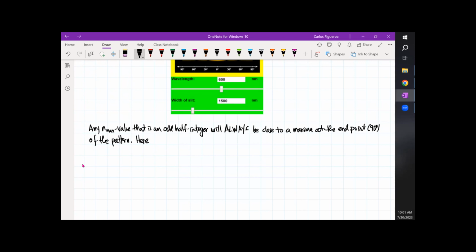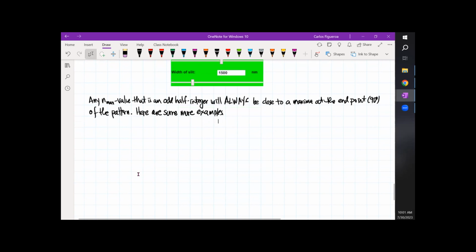Here are some more examples, just like we did with the integer here. So in this situation, let's not think about the sequence so much. Let's say that we have this guy now.